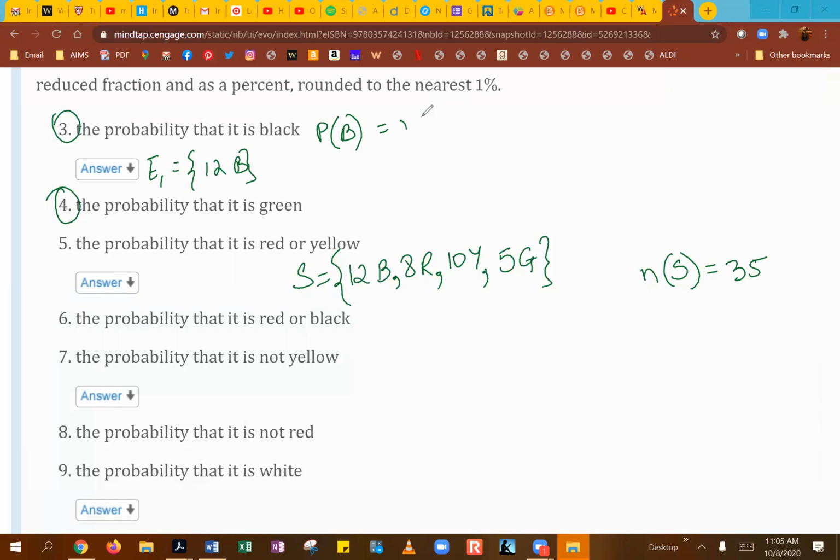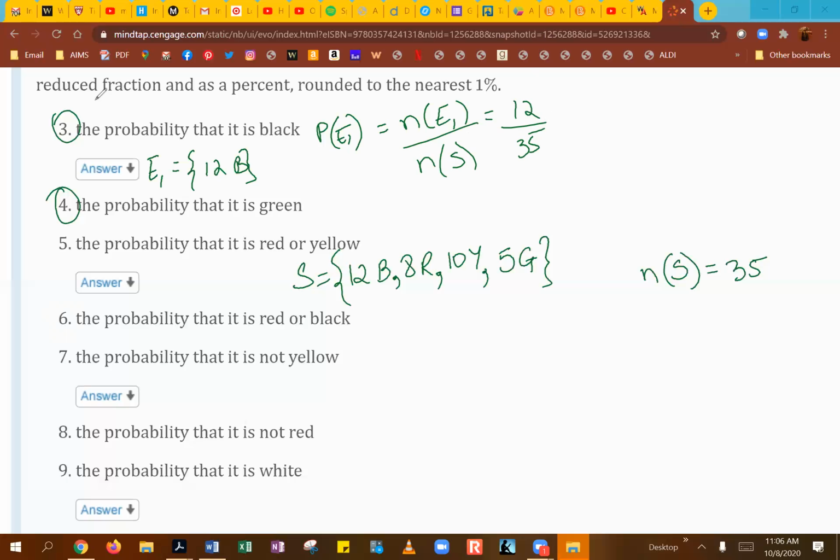So you would be taking event 1, the items you have in event 1, dividing it by the total items you have in your sample space. So 12 out of 35. And of course, we cannot reduce this further because 12 and 35 have nothing in common.